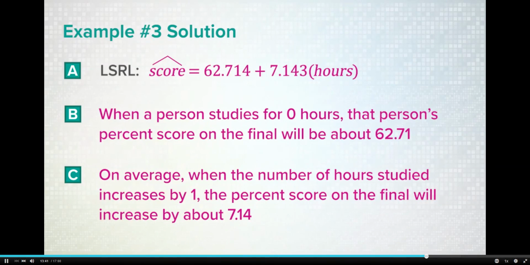Now, I know we're thinking about this very structurally. Here's your sentence structure. Fill in these blanks. I want you to be able to do that so you communicate properly, but I also want you to think about what's going on in this question. If you study for 1 more hour, it looks like your grade will increase by about 7%. So looking at this distribution in this particular case, it might behoove you to study for 2 more hours so that you can increase your percent score by 14%.